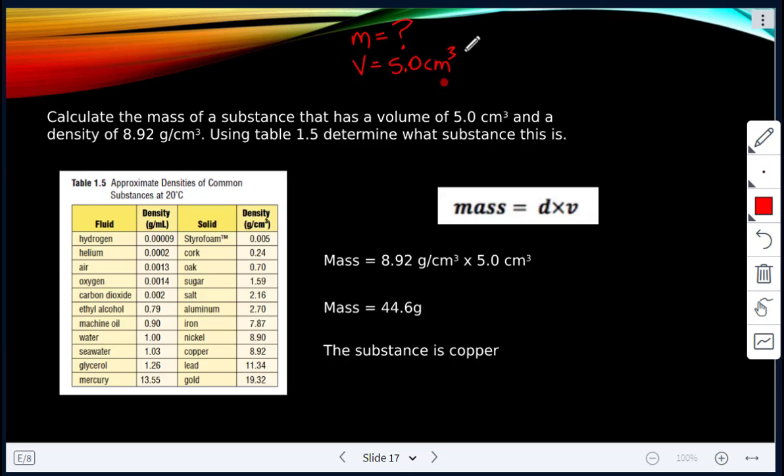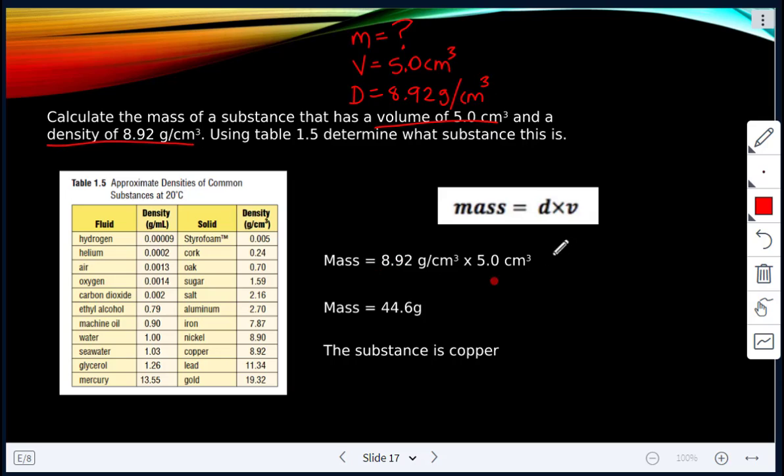Because it's in centimeters cubed, we know this will be a solid. And we also know our density. So from our question, here's the volume given to us, and here's the density given to us, 8.92 grams per centimeters cubed. Our formula for calculating mass is density times volume.